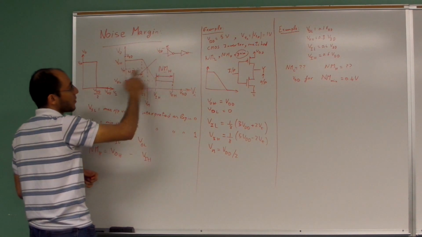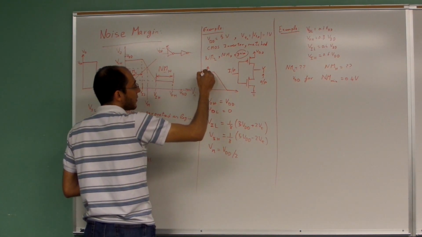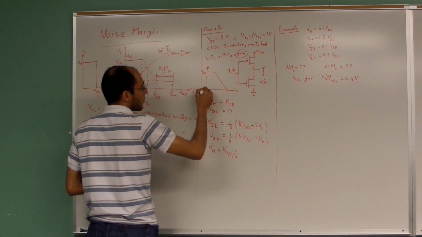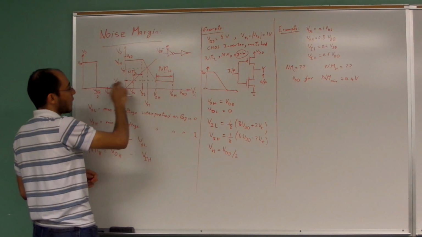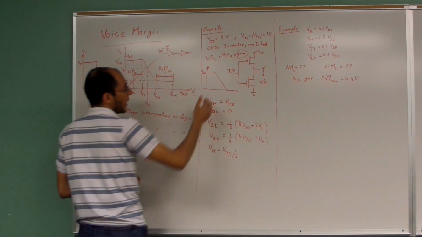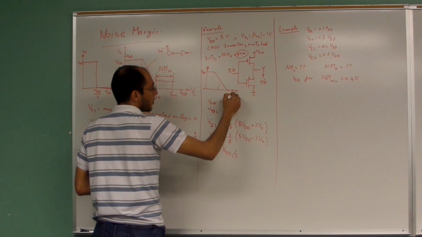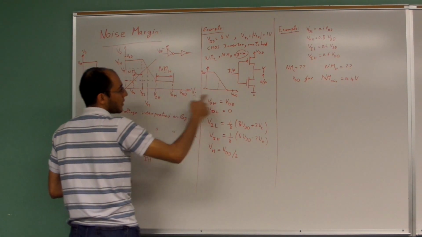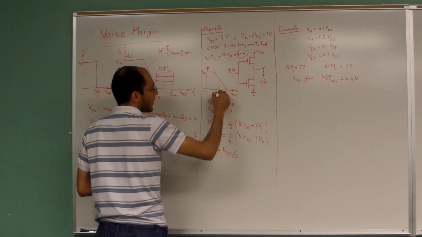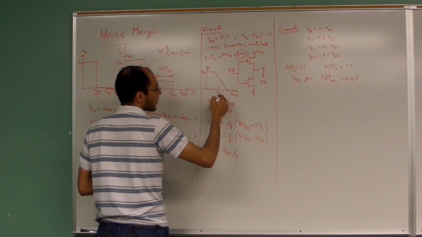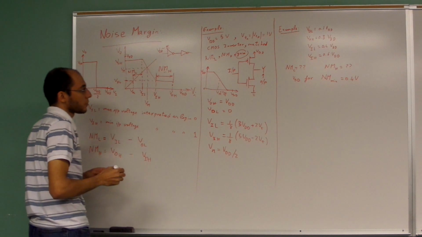It looks pretty similar to this graph, but the difference is this is VDD and this is 0. So this V output low is 0. And in addition to that, this is VDD, which is V output high, and this is Vm, which is equal to VDD over 2.